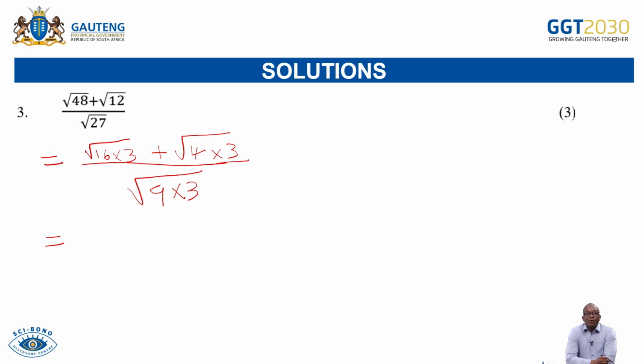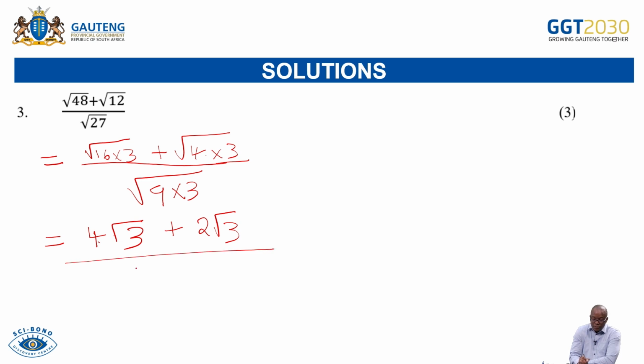Remember, always when you're doing the surds, one factor inside the square root must be a perfect square. As you can see, 16, 4, and 9, all those numbers are perfect squares. So if we do it, it's going to be 4 root of 3 plus, the square root of 4 is going to be 2 root of 3, and 27 is going to be 3 root of 3.